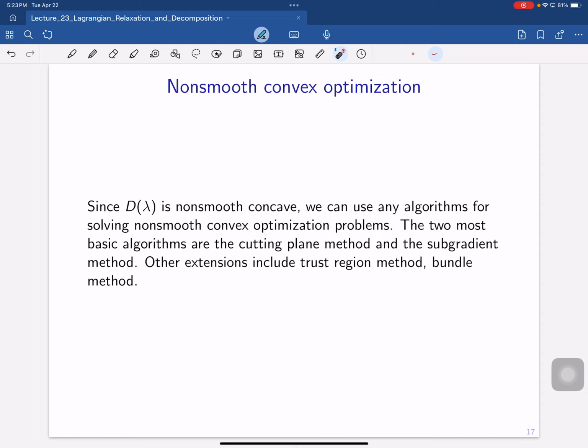There is a research area called non-smooth convex optimization, where they study how to solve a non-smooth problem, if the problem is convex, to optimality.